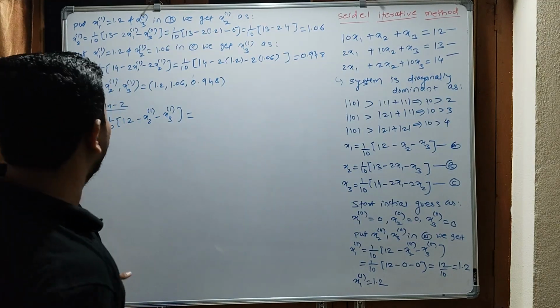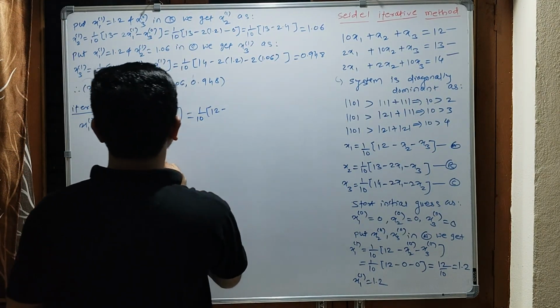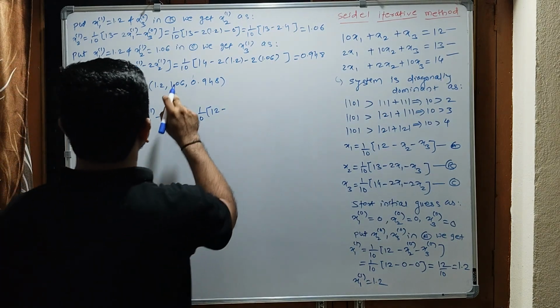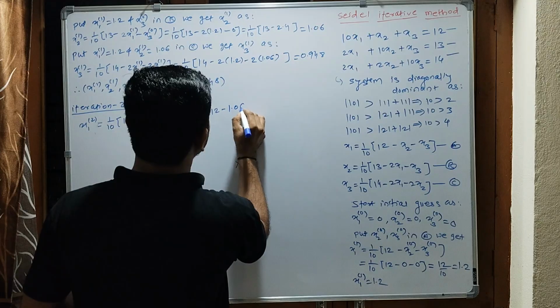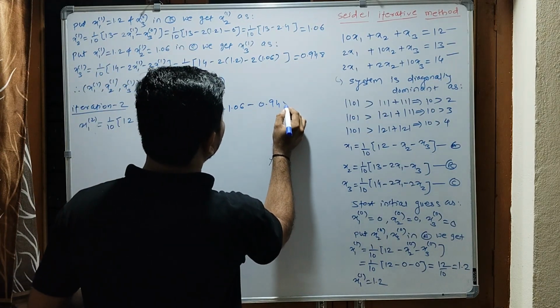Just now put this value: 1 by 10 times 12 minus x2 at 1, that is 1.06, minus x3 at 1, which is 0.948.